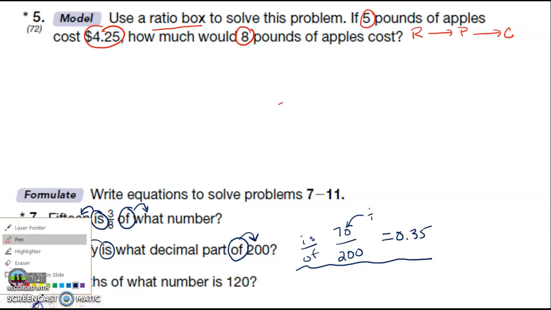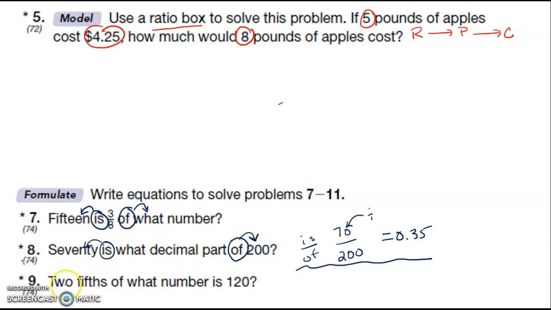Okay, and then the last one on this page, it says 2/5 of what number is 120. So I have 2/5 is equal to, and I have an is over of, the 120 goes in the is, my x goes in the of, and then I'm going to use a proportion. So this is going to be 5 times 120.